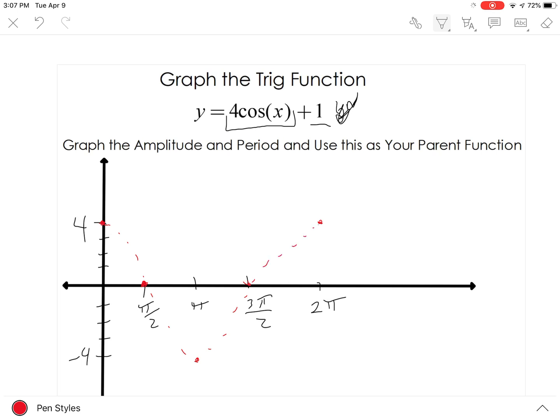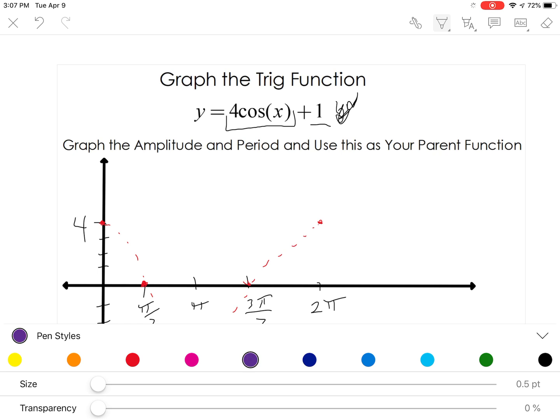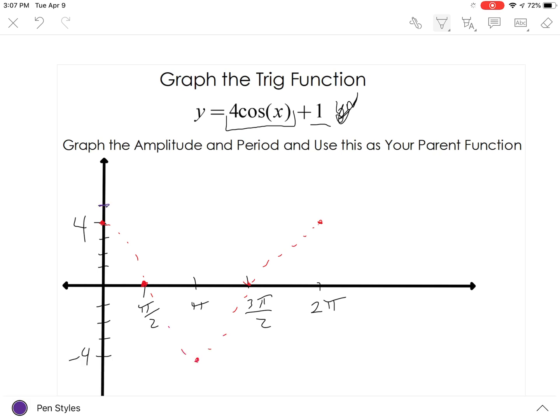Now what this up 1 means is that I'll take this graph and I'll move this up to 5. This is going to shift up to 1. This number is going to shift to negative 3. That's going to go up to 1. That's going to go up to 5. And there in purple is my cosine that was multiplied by 4 and added 1.